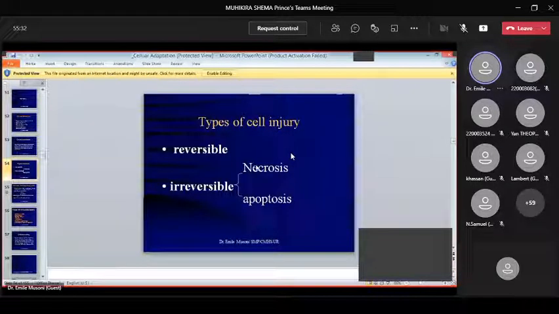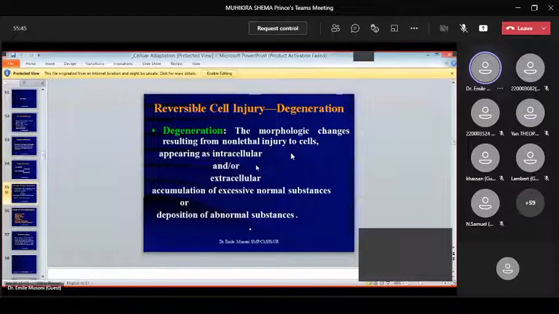Now let us look at reversible cell injury, what we call degeneration. Morphologic changes result from non-lethal injury to cells, appearing as intra or extracellular accumulation of normal substance or deposition of abnormal substance.